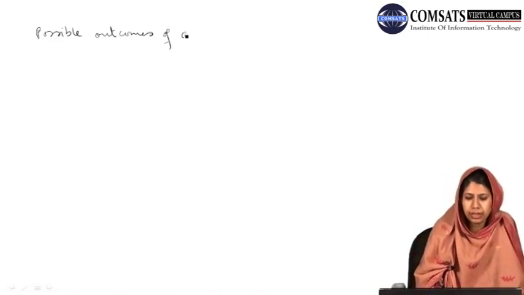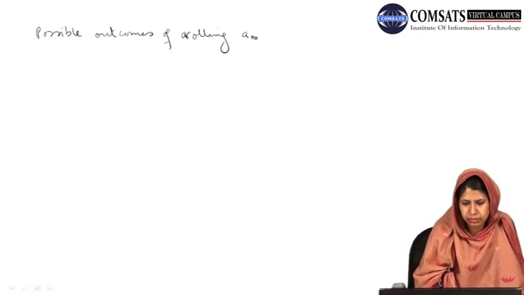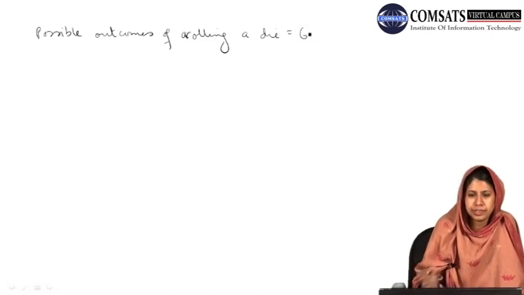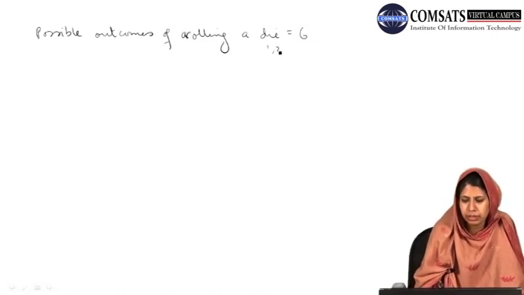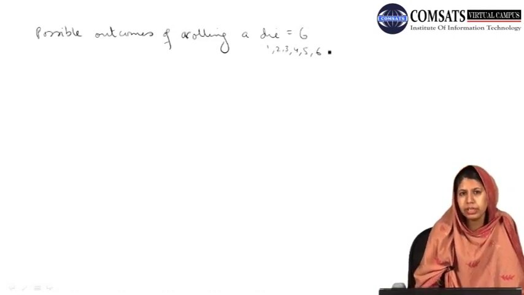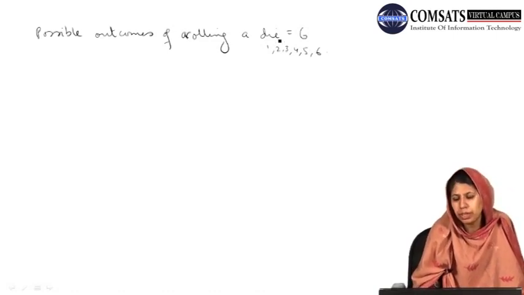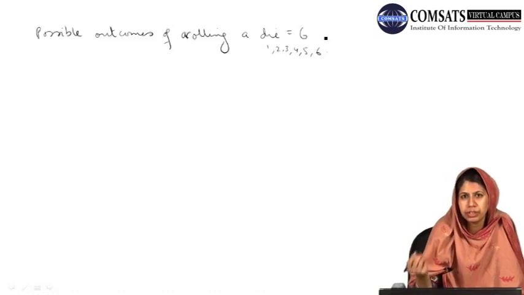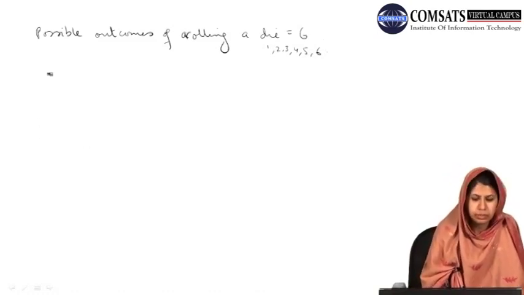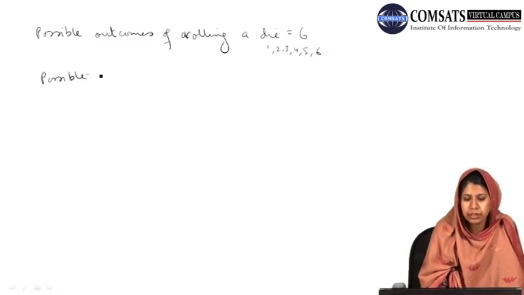The possible outcomes of rolling a die is 6, because a die has 6 numbers, namely 1, 2, 3, 4, 5 and 6. So if we roll a die, we can obtain one of the numbers from these 6 numbers. So there are 6 possible outcomes when we roll the die first. What are the possible outcomes when we flip a coin?